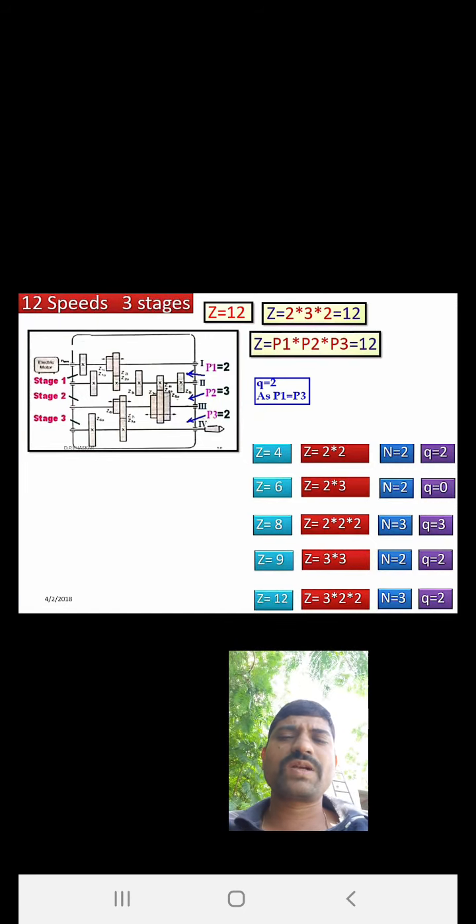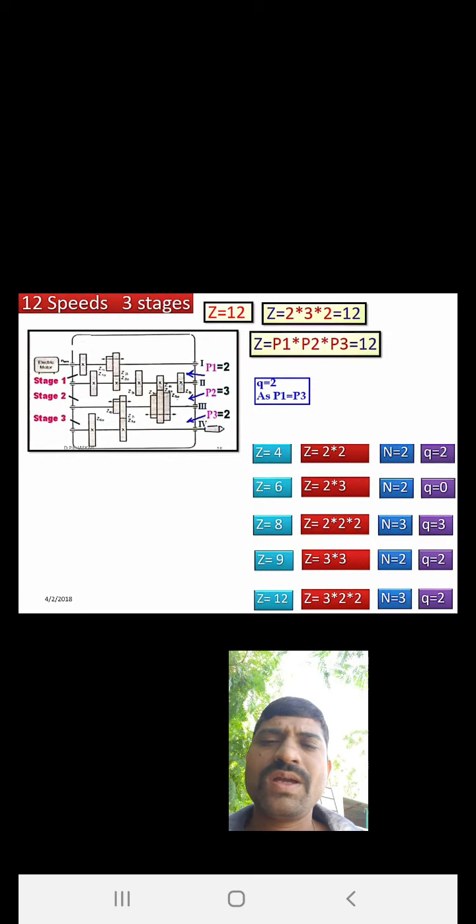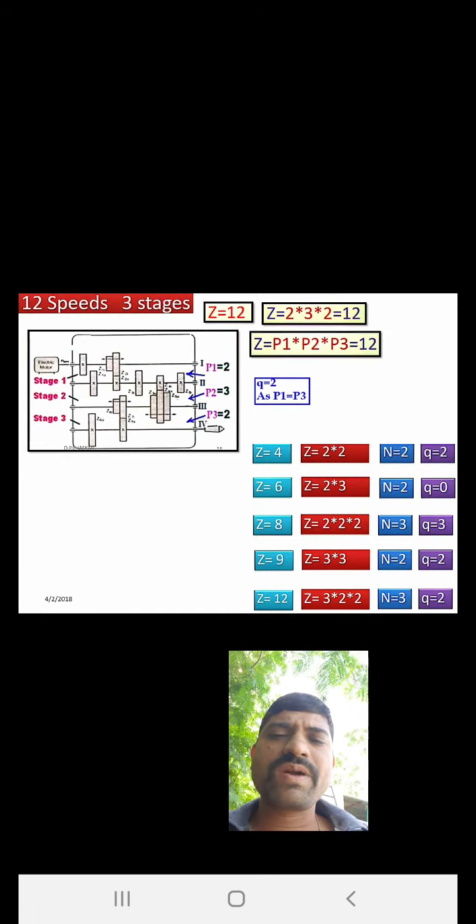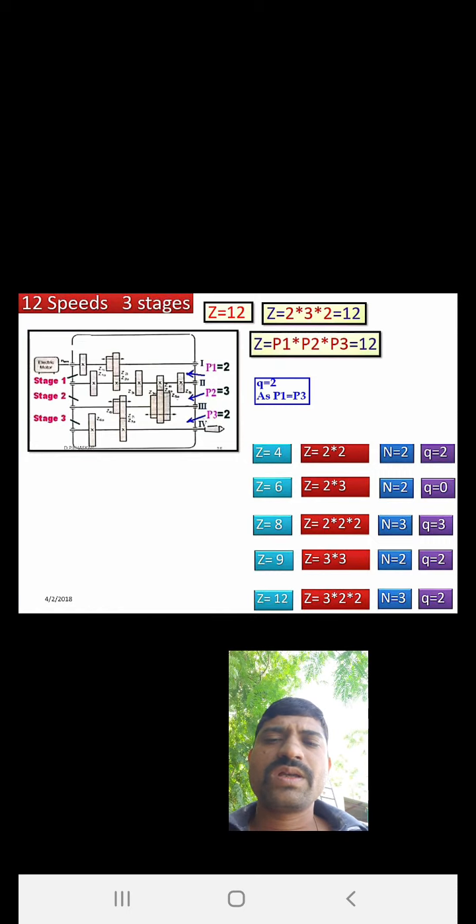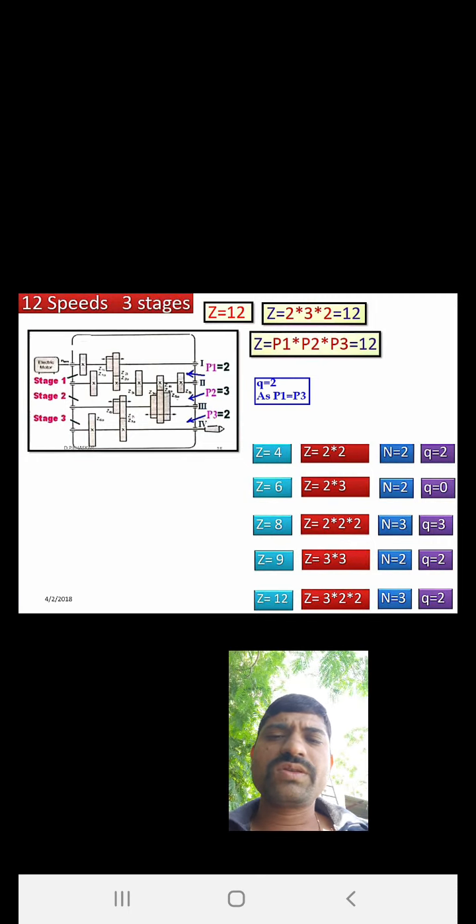This is also a possible condition. Remember that z is equal to p1 p2 p3, and each value must be either 2 or 3. In stage 1, stage 2 and stage 3, p1 is equal to 2, p2 is equal to 3.